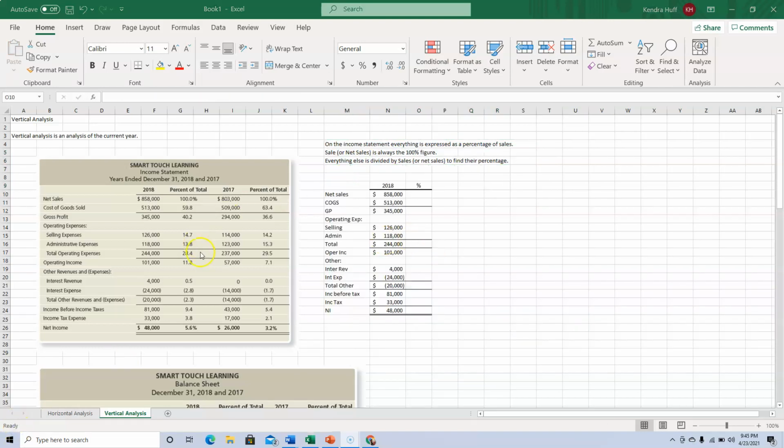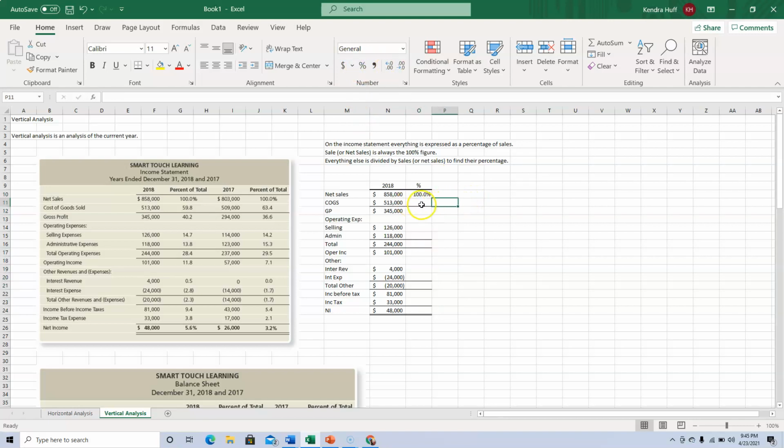Okay, so I just copied the numbers over for 2018. All right, so net sales will always be your 100% number. All right, so these are all going to be percentages, so just let me make that a percent now. I'm going to give it 1 decimal.